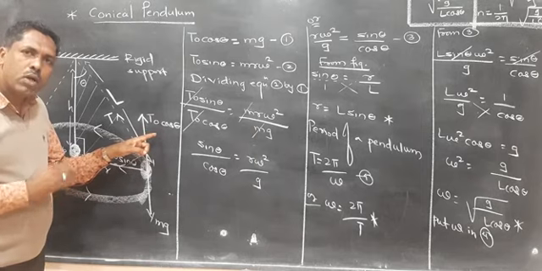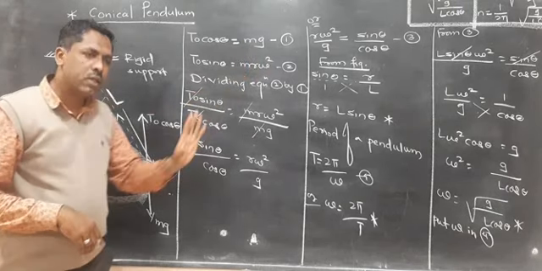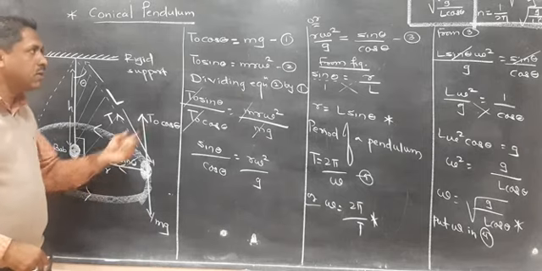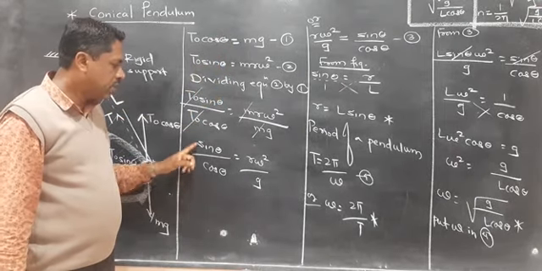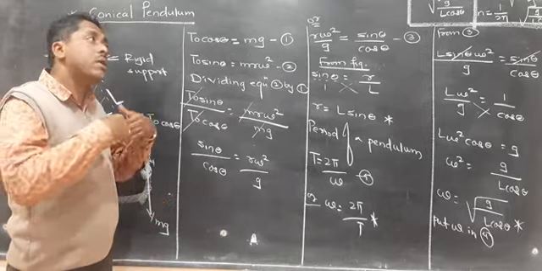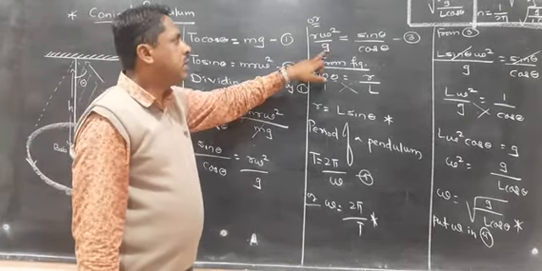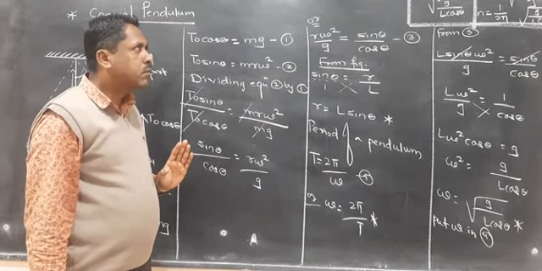The vertical component balances the weight, that's why T0 cos theta is equal to mg. T0 sin theta is directed towards the center, that's why T0 sin theta is equal to m r omega square. Dividing 2 by 1, we finally get sin theta by cos theta is equal to r omega square by g, or r omega square upon g is equal to sin theta by cos theta.